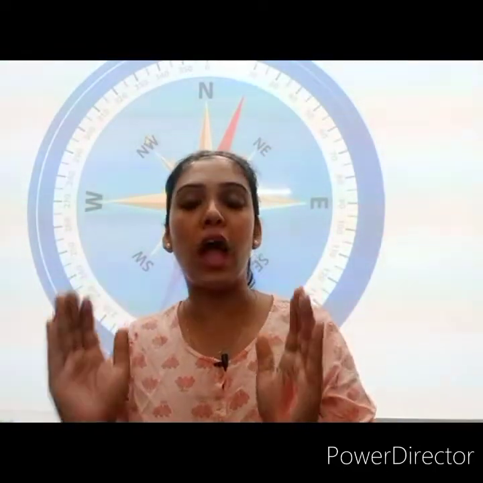Otherwise, the compass is like this: okay, this is north, this is west, this is south. You will come to know only this. But you are also supposed to have a map. Where do you need to go? Where your destination is? So you have to have a particular map of the destination you wish to go to.